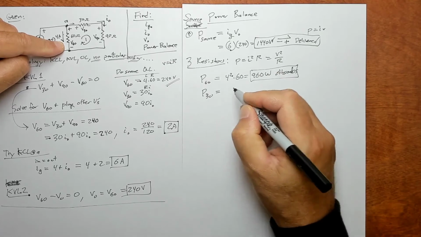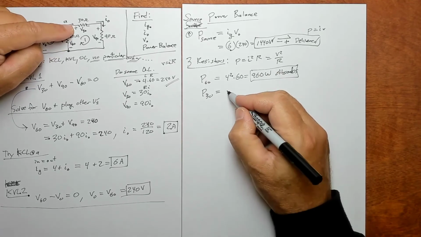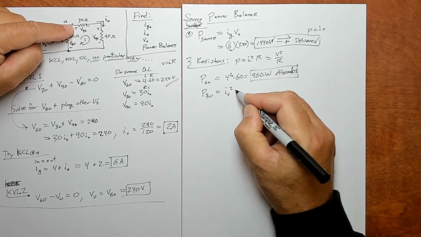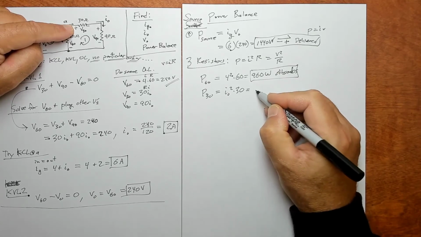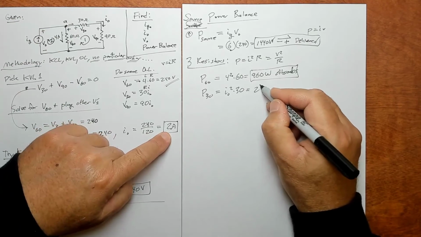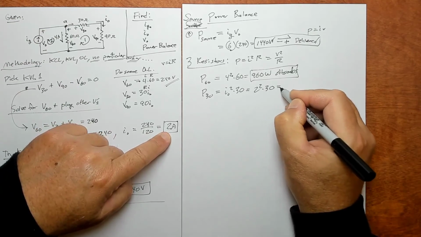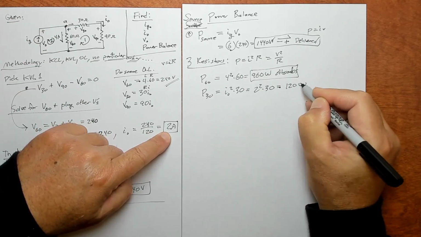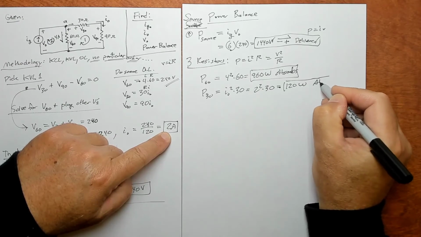And then the power in the 30 is I sub 0 squared times 30, and I sub 0 is 2, so it's 2 squared times 30, that's 120 watts absorbed.